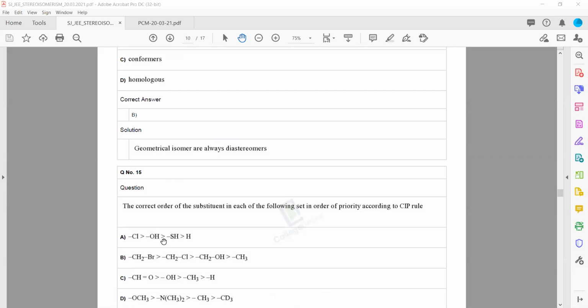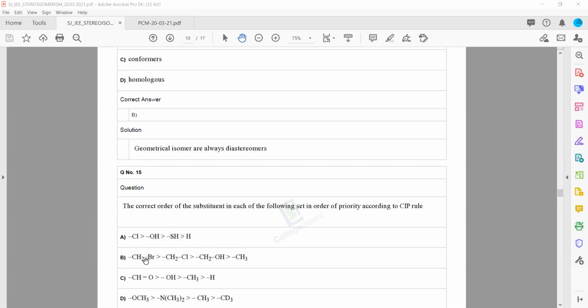Next was simple. The correct order of the substituents in each of the following sets in order of priority according to the CIP rule. So you have to arrange based on the atomic number rule. First one, chlorine is 17, oxygen is 8, sulfur is 16. The order is wrong. Next, all the atoms are the same, that is, the carbon's atomic number clashes.